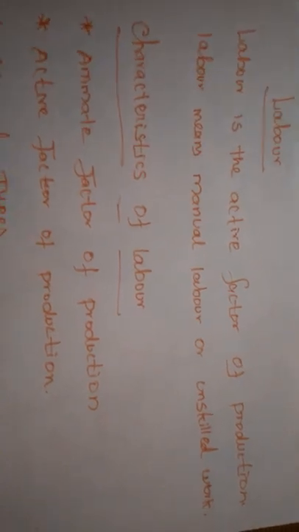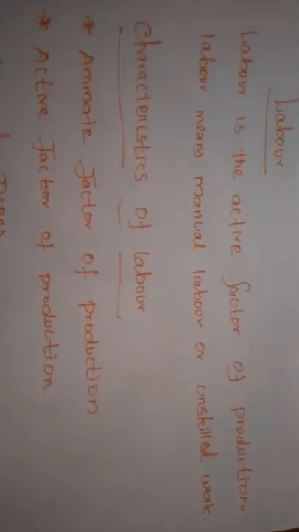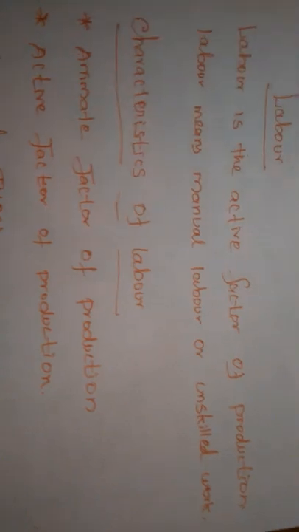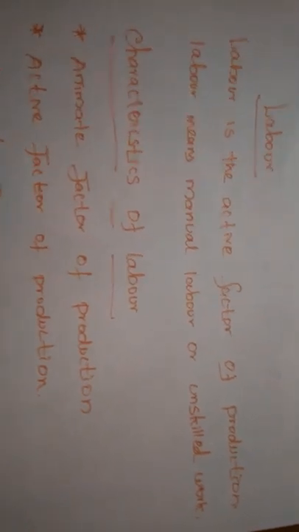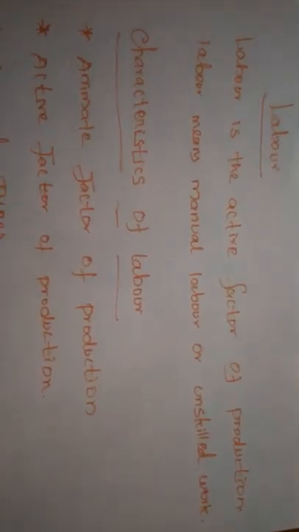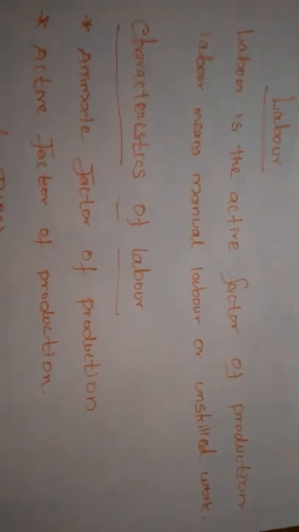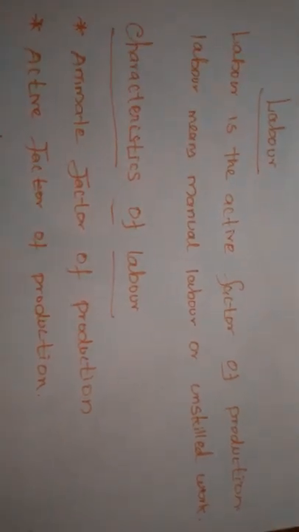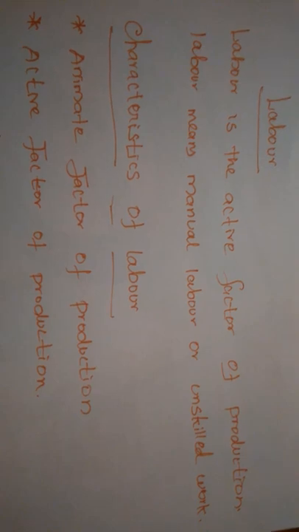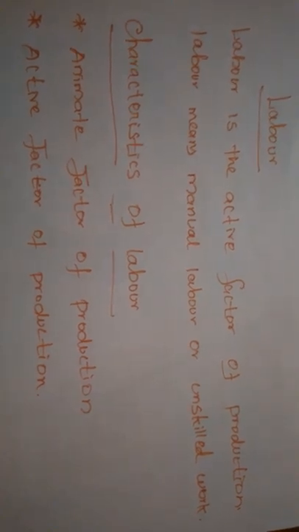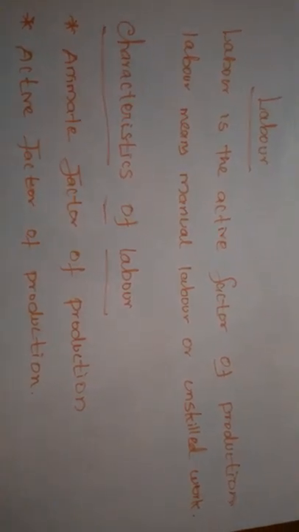Some laborers work manually, as cheap labor for example. Some persons work by using their intellect. The work done by an agricultural worker, a cook, a rickshaw puller or a mason is manual work.